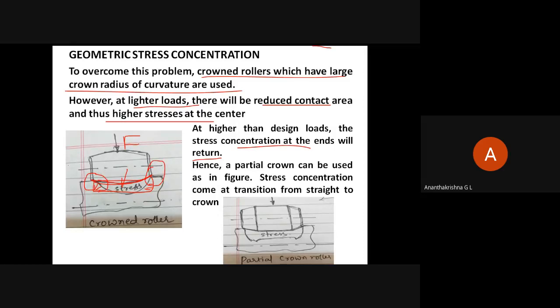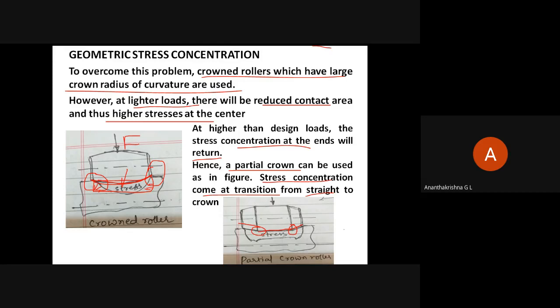To overcome this problem of crowning, they have introduced what is called a partial crown. The stress concentration will come at the transition from straight to crown. Somewhere there you will get stress concentration. So this is a partial crown roller.